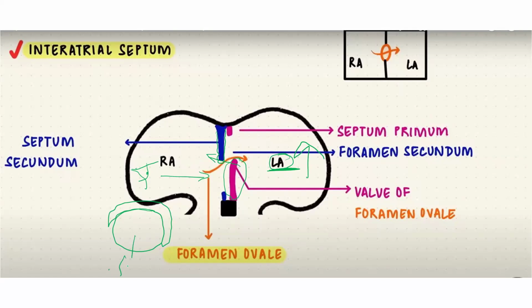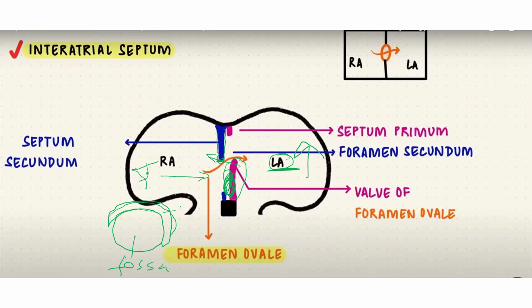So you'd see the fossa ovalis, this depression, you'd see it here. And then this elevation at the edge is the lower free edge of the septum secundum, which now forms the limbus or the annulus ovalis. I think I have tried to explain that.